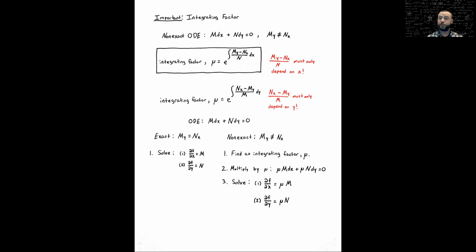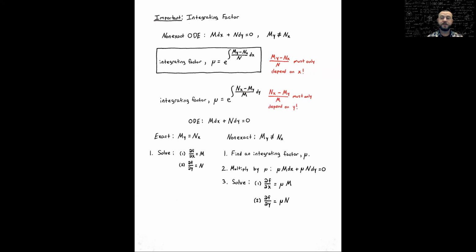All right, the second step is once we have mu, we then multiply our original ODE by mu, and we can solve these two equations for the new M and N. And recall that your new M and N are now mu M and mu N, referring to the original M and N from the original ODE.